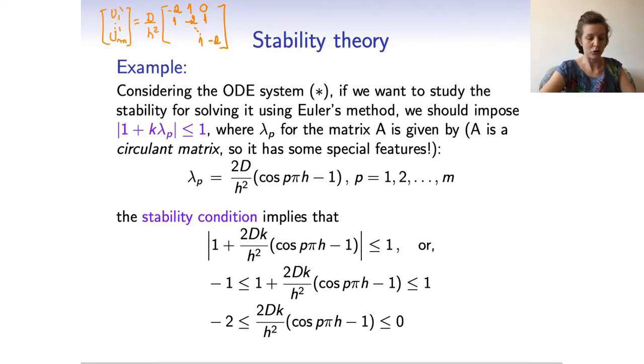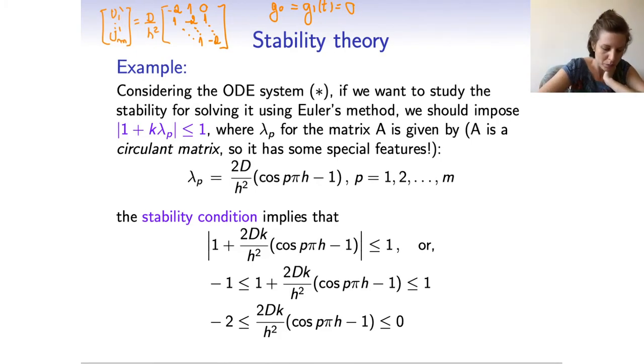So it's a tridiagonal matrix, or system. And let's just consider, for simplicity, that g0 and g1 of t are equal to 0, so it's just this matrix multiplied by U1 until UM of t.